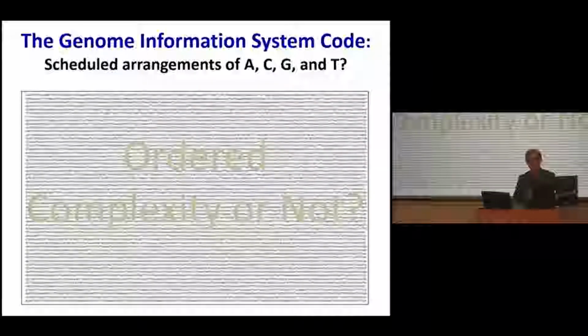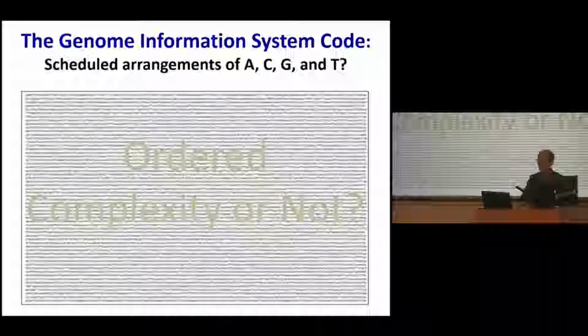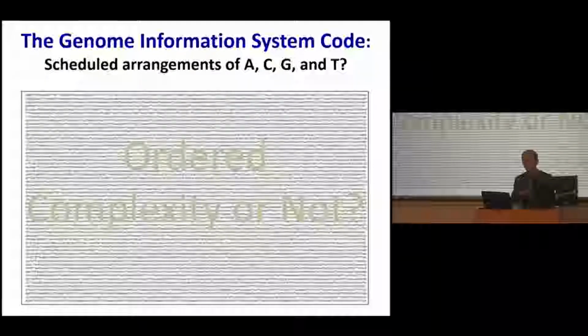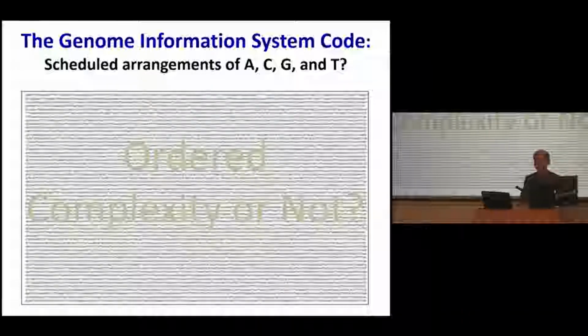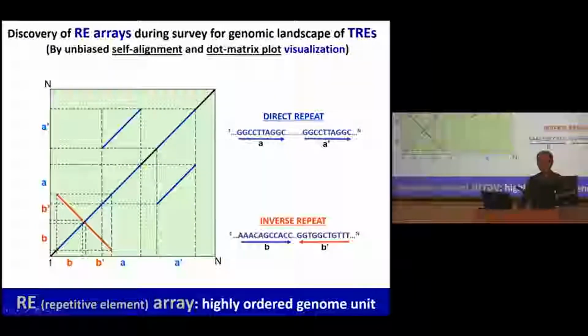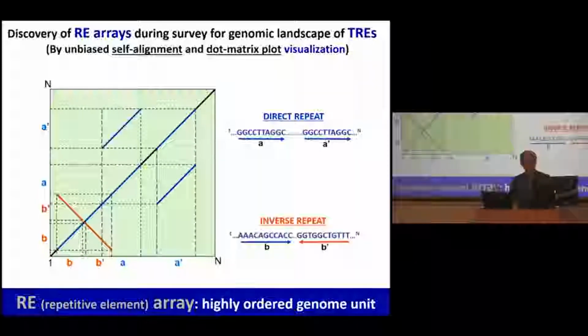The initial question that we had was whether our genome is ordered in terms of its structure, or is it just a distribution of ACGT to make the conventional genes. So we tested whether our genome is ordered or not using simple dot matrix analysis. We did self-alignment, and we were able to find a unique structure in our genome.